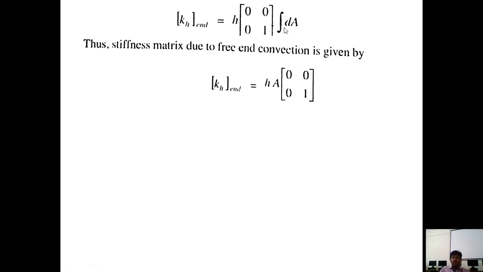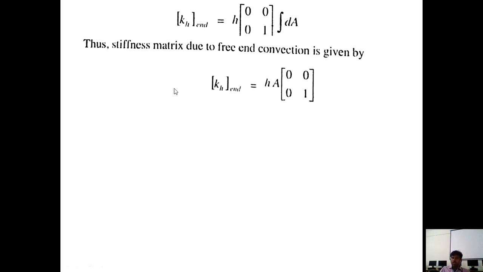Integration of 1 over the area gives A. So finally, we have to keep in mind the stiffness matrix for free end convection.